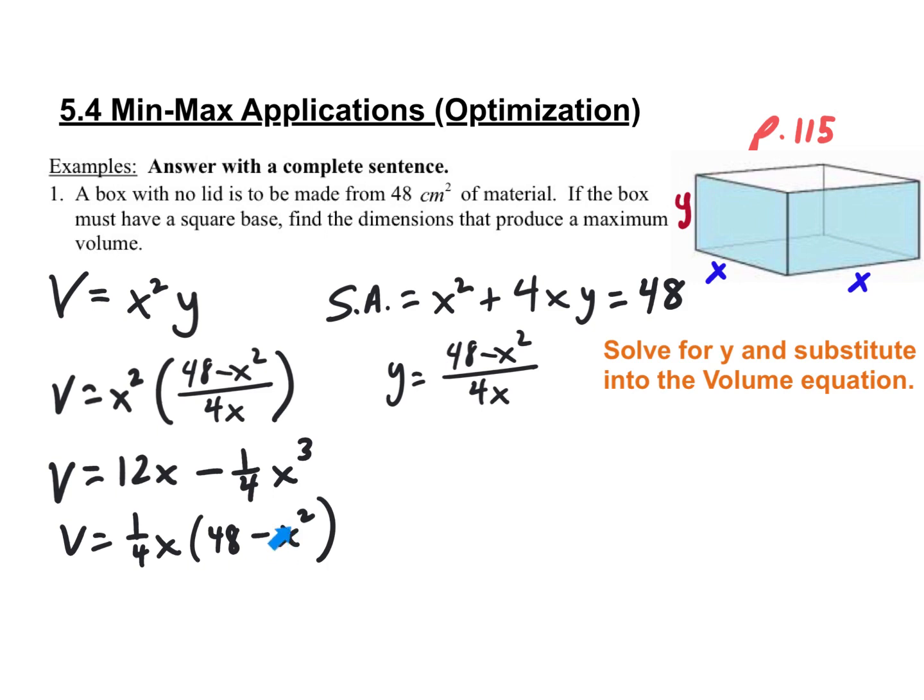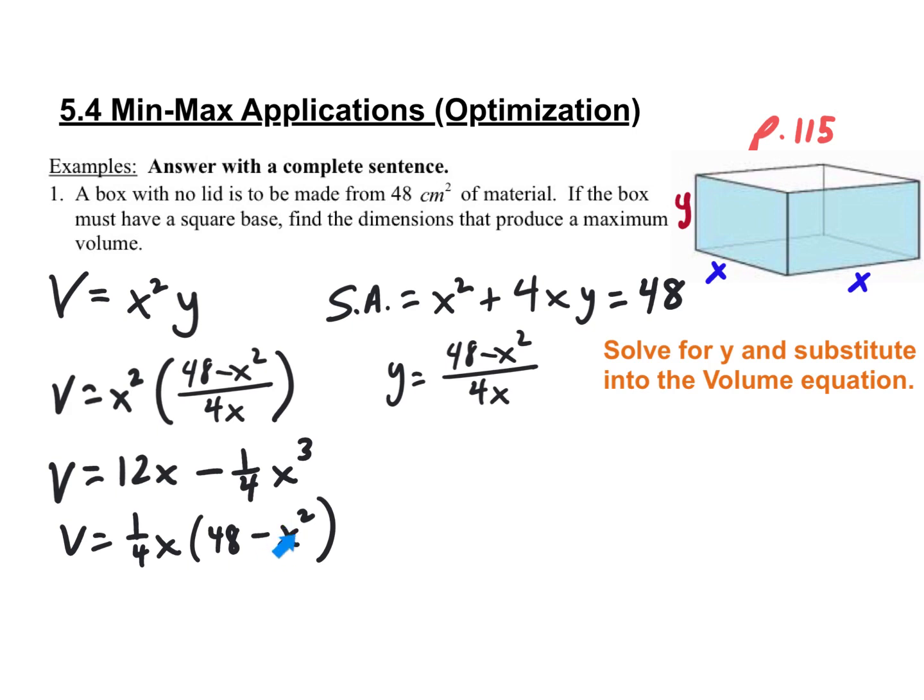What would have to happen here for this to be negative? Right, this would have to be more than 48. So x would then be, what's the highest value that x could be? Square root of 48.